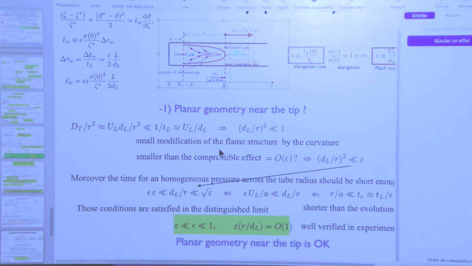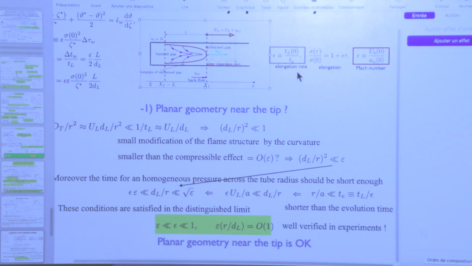Now, when you put all the things together, the problem has two small parameters. The one is the laminar flame Mach number, this epsilon here. The other is the elongation rate.